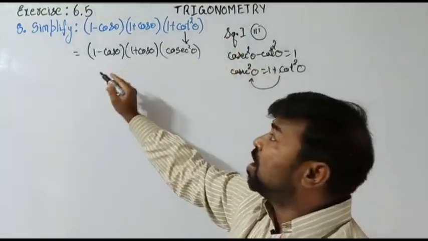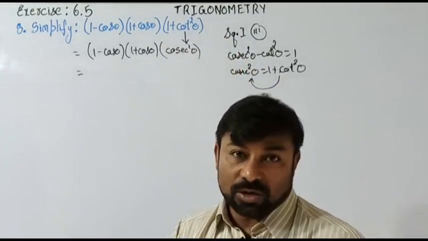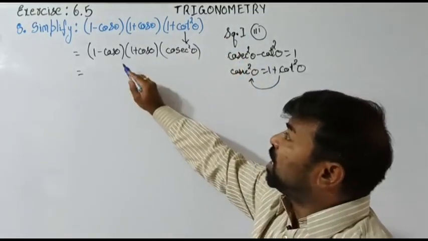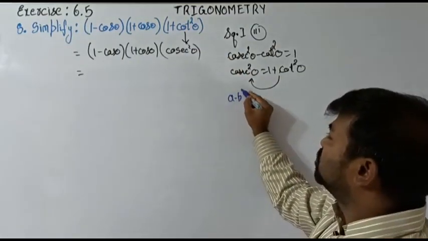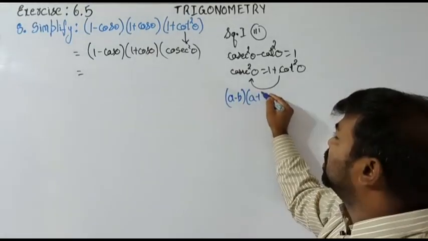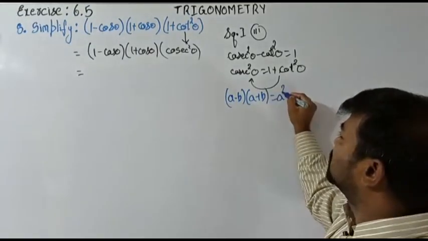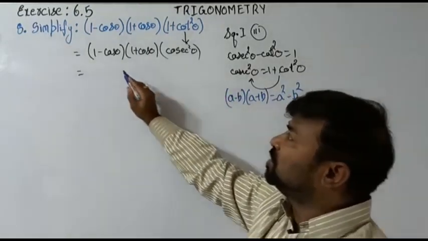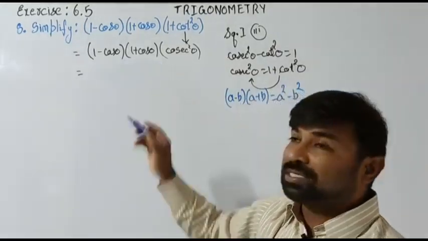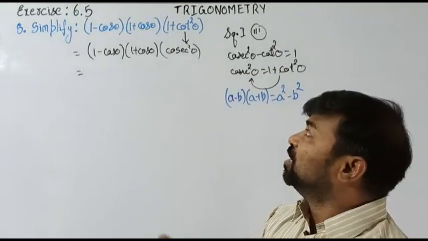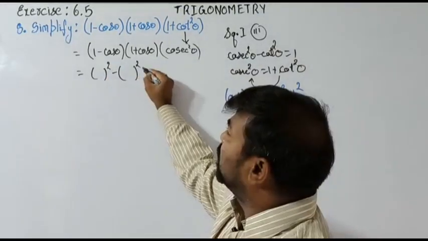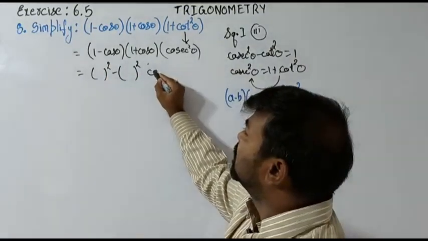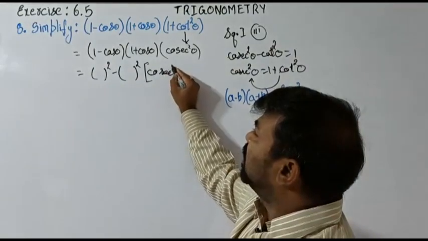Now again, I recall, if there are no squares, there is one formula, a minus b into a plus b, which converts it to a square minus b square. Is it looking like a minus b into a plus b? Obviously it is. Now convert this as a square minus b square, and of course don't forget the cosecant square theta.